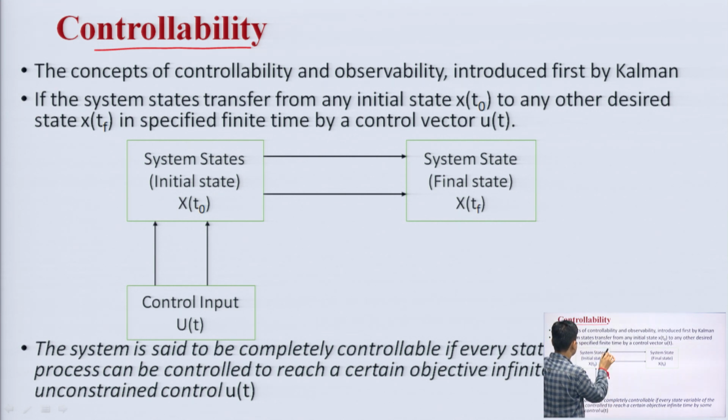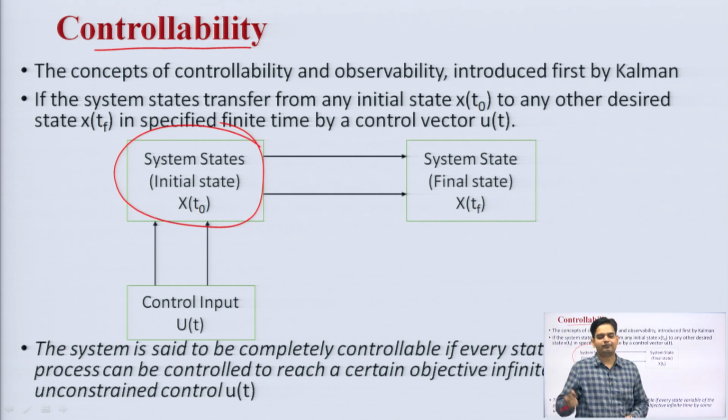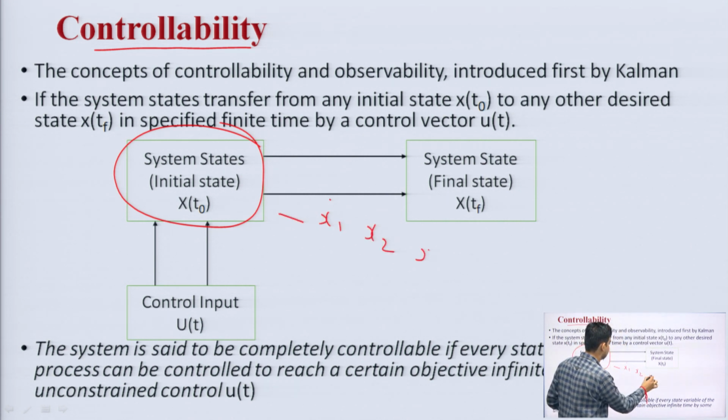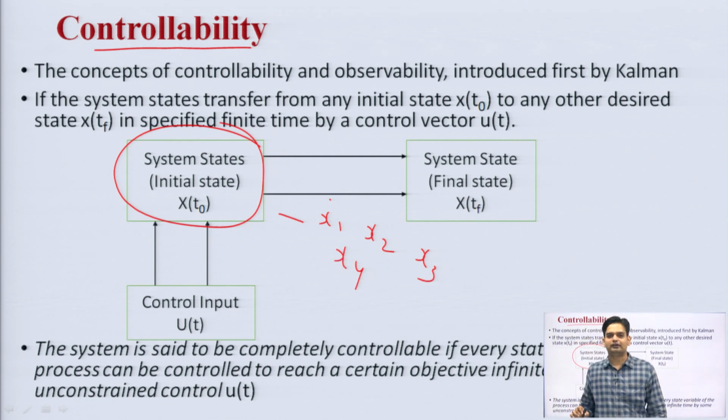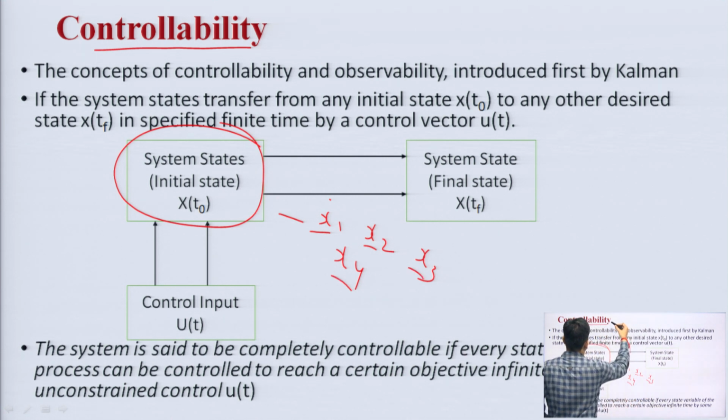Here we have the state space variables, and there may be various state vectors x1 dot, x2 dot, x3, x4. Whether these state vectors are controllable or not, meaning if I apply a certain input, whether this state vector is affected or not, will be explained by controllability.